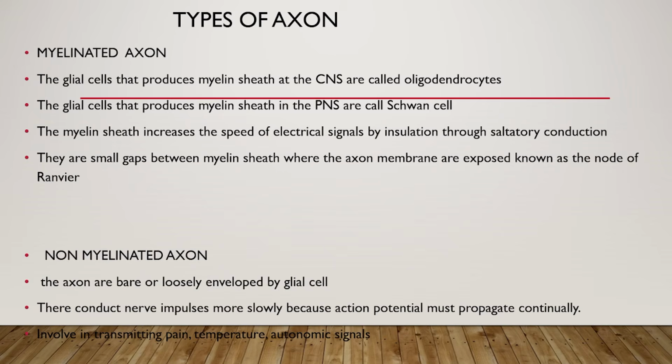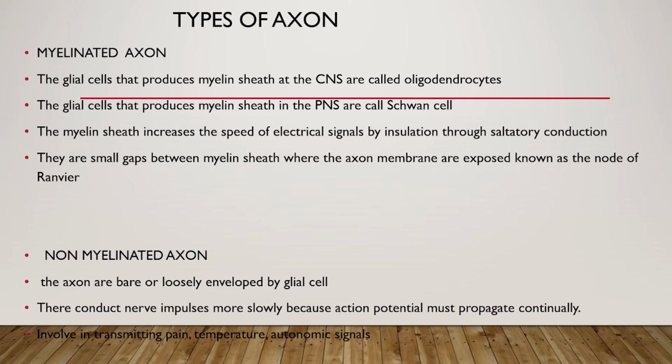There are gaps between myelin sheaths where axon membranes are exposed. Those gaps are known as the nodes of Ranvier.